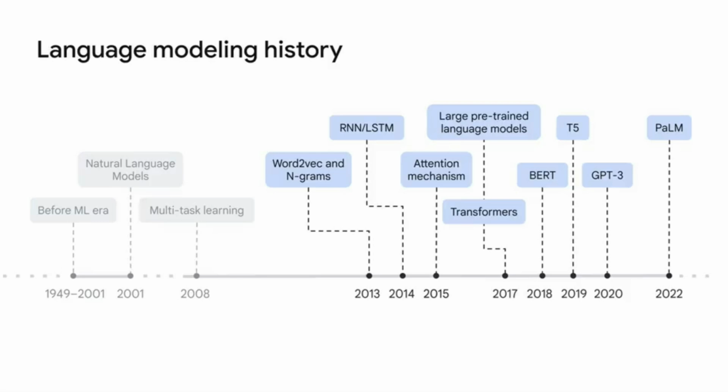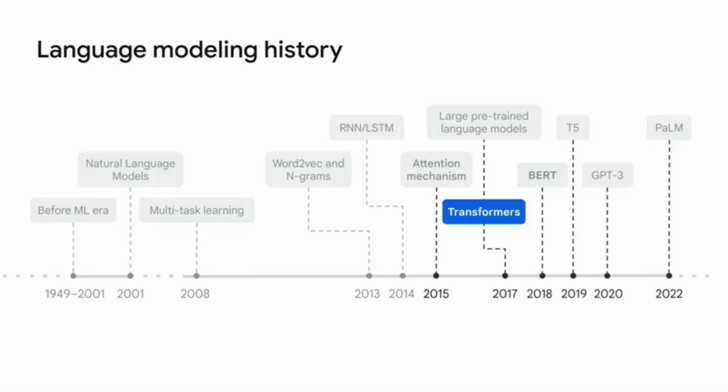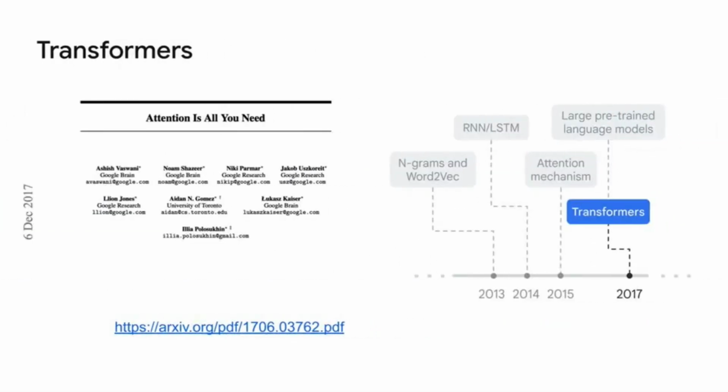In 2015, the excitement came with attention mechanisms, and the models built based on it, such as transformers and the BERT model. In this presentation, we'll focus on transformers. Transformers is based on a 2017 paper named Attention is All You Need.